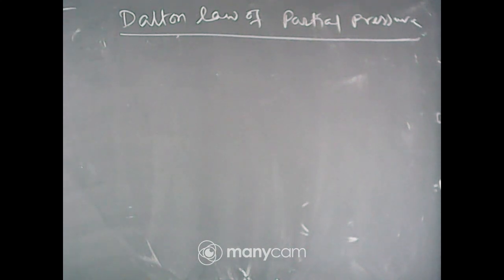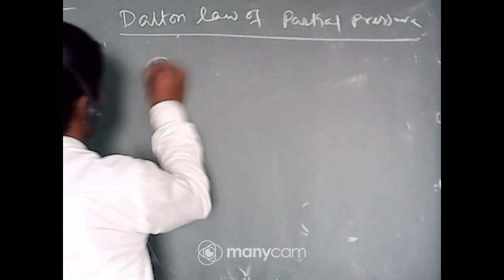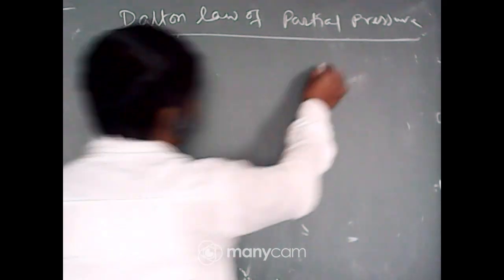and the form is that if two or more gases which do not react chemically are enclosed in a vessel, the total pressure of the gaseous mixture is equal to the sum of the partial pressures that each gas will exert when enclosed separately in the same vessel at constant temperature. Okay. So, this is that form. What is the condition here?